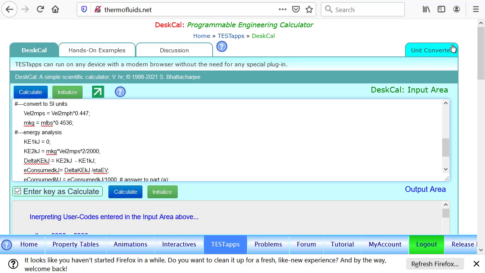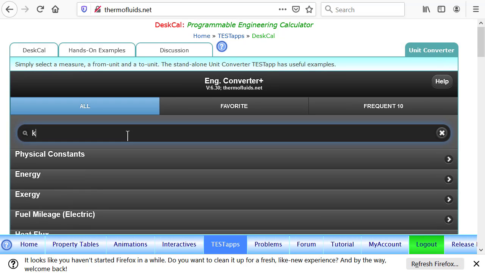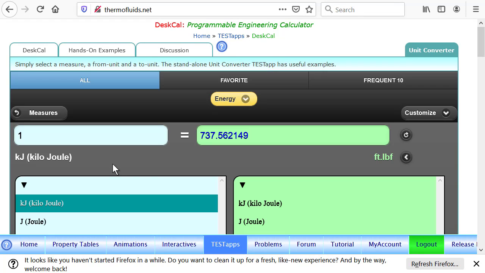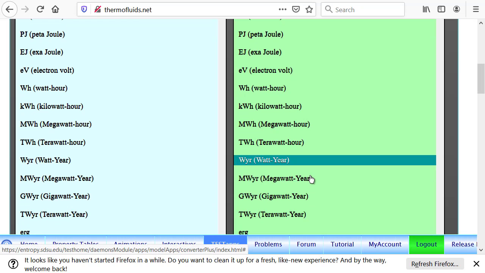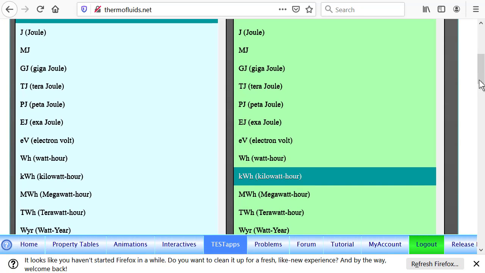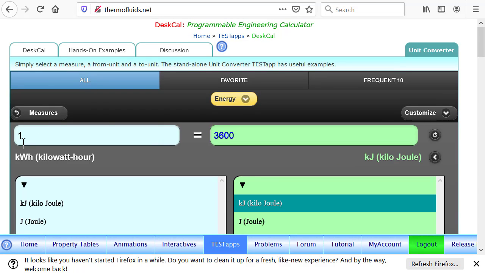Of course, we could go to the unit converter and type in, say, kilowatt hour or say energy, and then you can see 1 kilojoule in kilowatt hour should be somewhere in the top. Yep, somewhere there. So as we just deduced, 1 kilowatt hour is 3600 kilojoules.